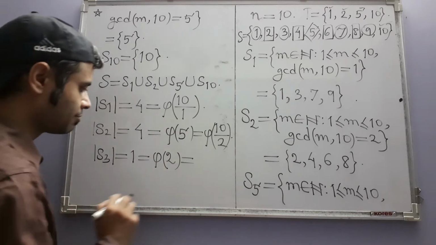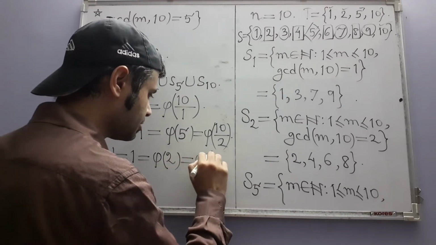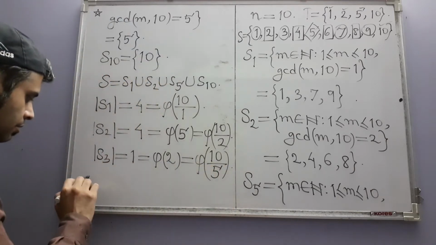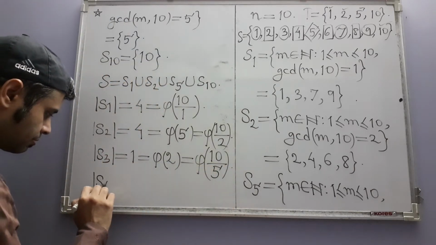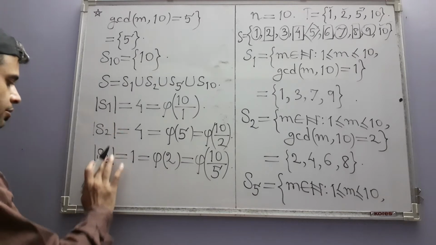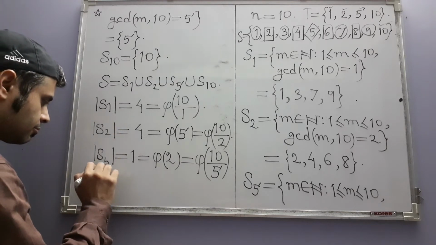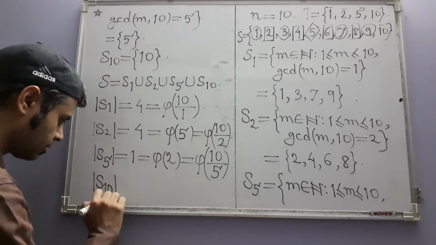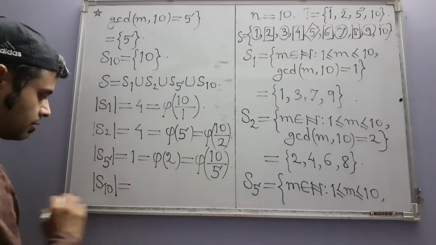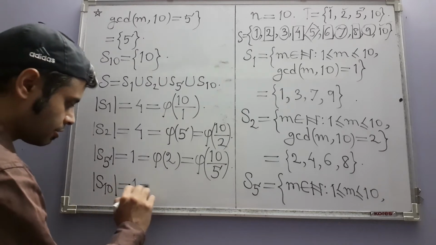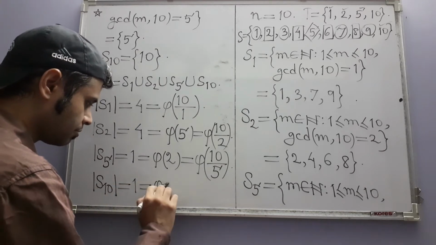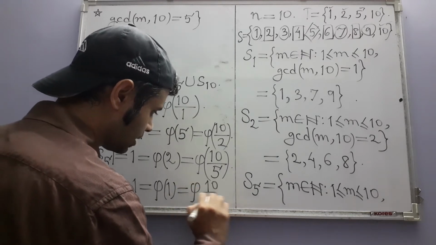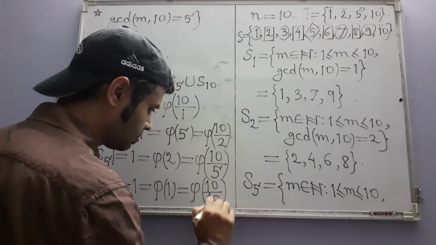So that's why the phi value is 1 here, and this is equal to this. And finally, S10. Cardinality of S10 is also 1, which is phi of 1, and this is phi of 10 divided by 10.